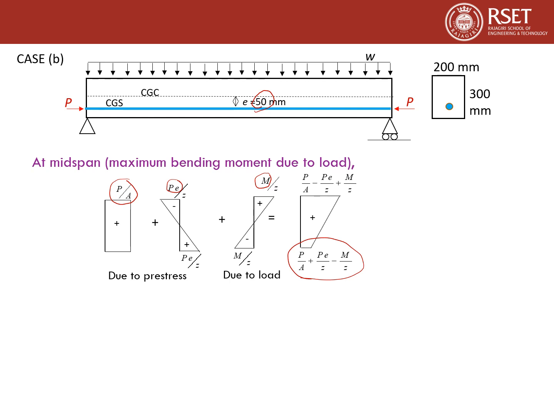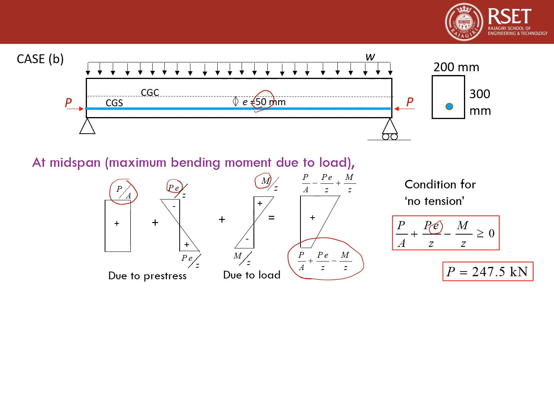So for no tension condition at service, we have to ensure that P by A plus P by Z minus M by Z should be greater than or equal to 0. Now we have already calculated the area A and Z section modulus. So substituting the values, and eccentricity you have to substitute as 50 mm, we get a pre-stressing force of 247.5.